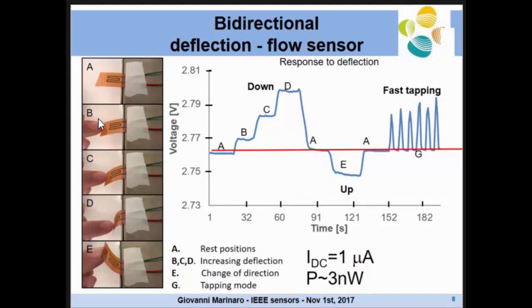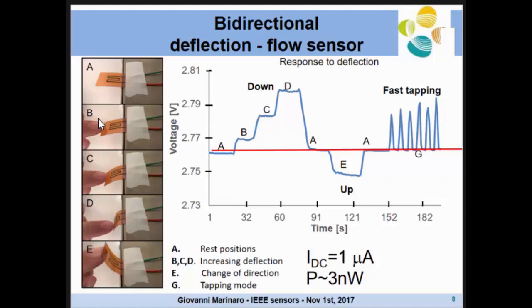And this is the behavior as a bidirectional deflection sensor. This was the first test. At static 1, 2, 3, it comes to the resting position. There is not much relevant hysteresis; it's quite negligible.